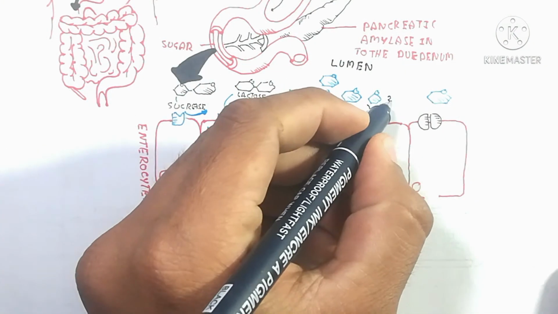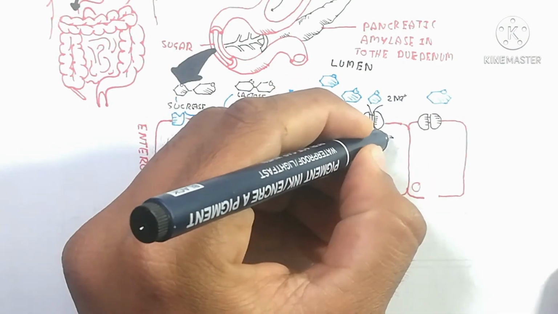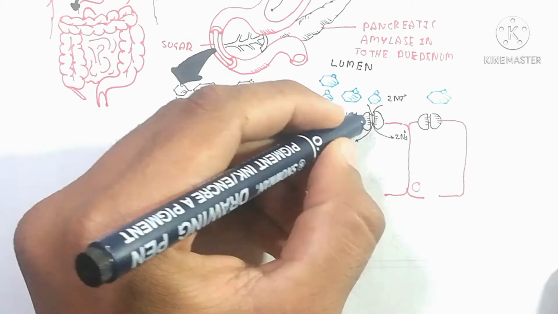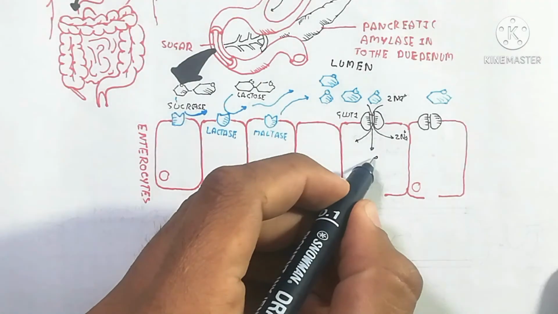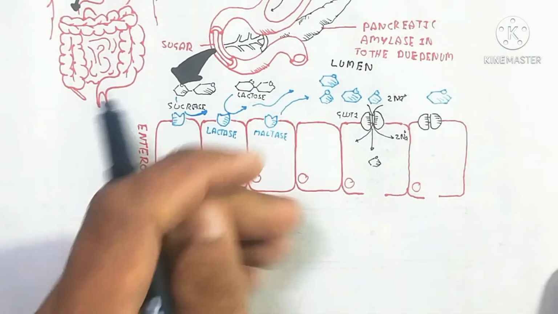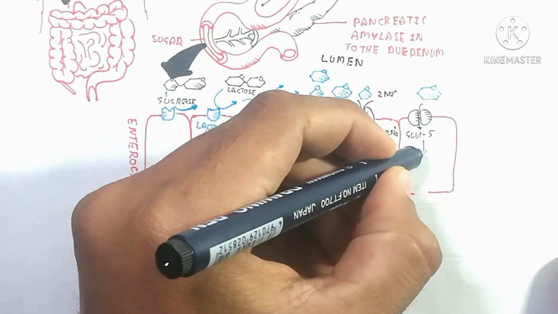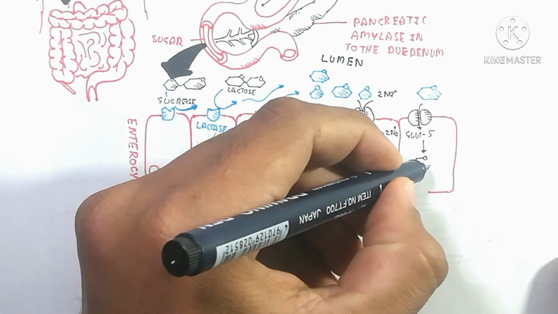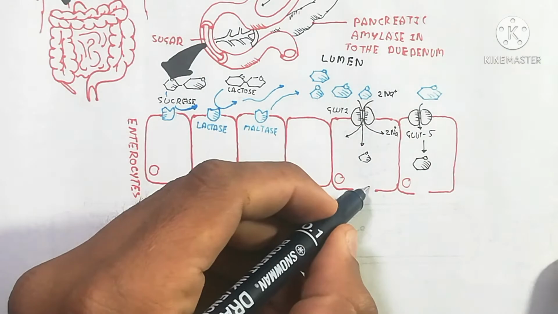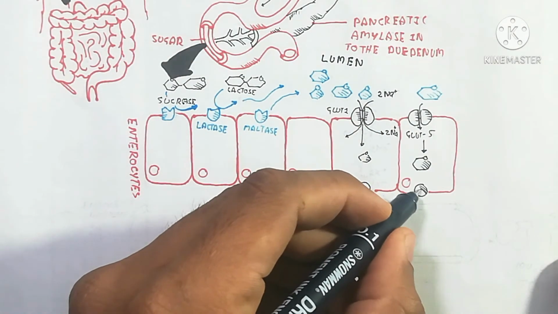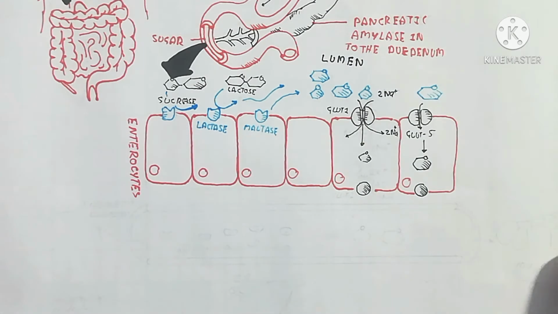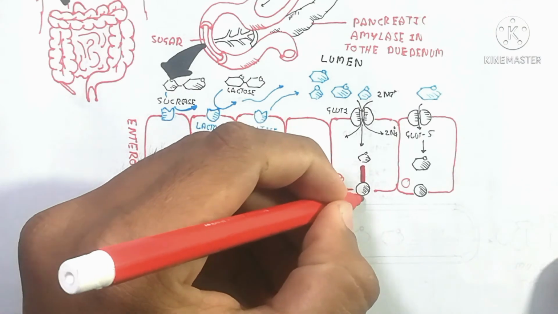ATP will be used so that 3 sodium molecules go into the interstitial space of the enterocyte between the blood vessels, and potassium will move into the enterocyte to move the glucose into the bloodstream. So here is the bloodstream and the GLUT5 channel, which allows the same mechanism.